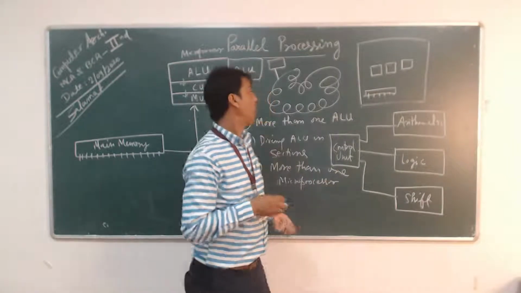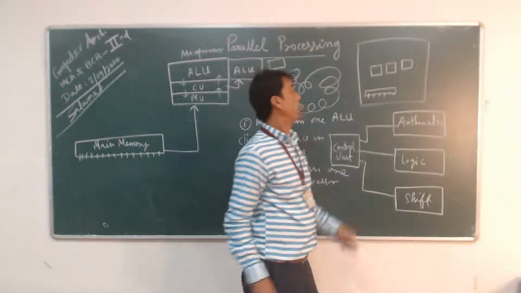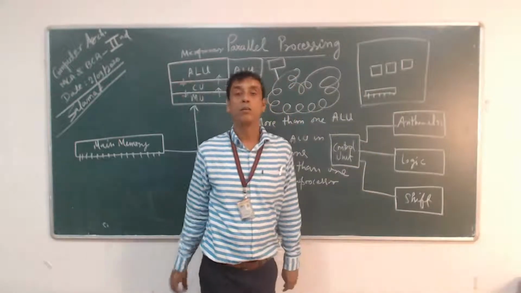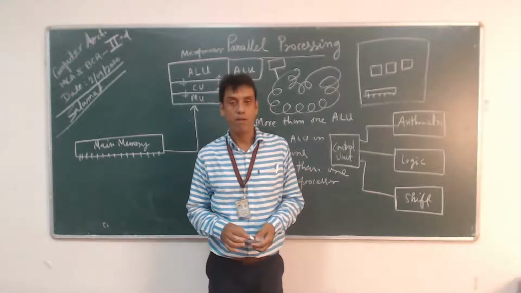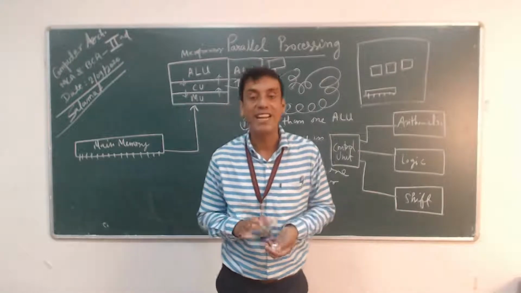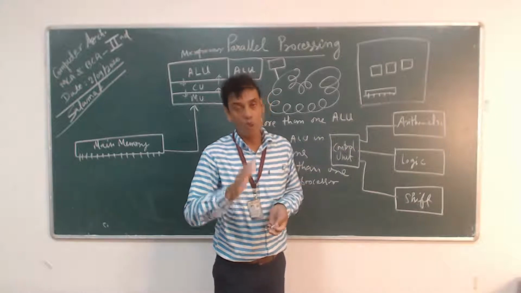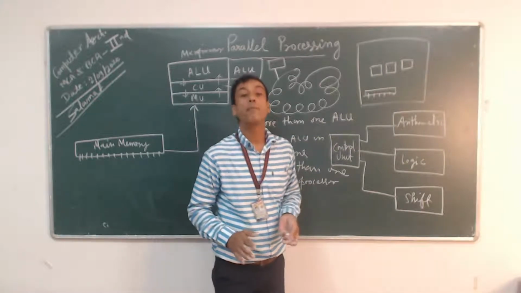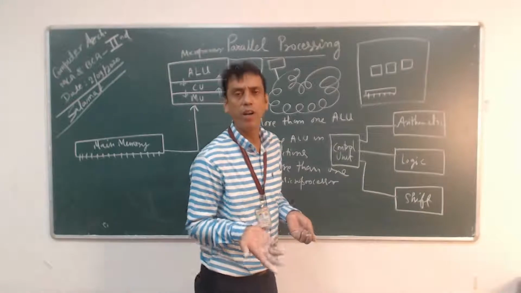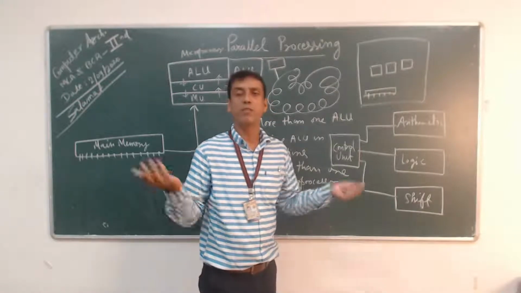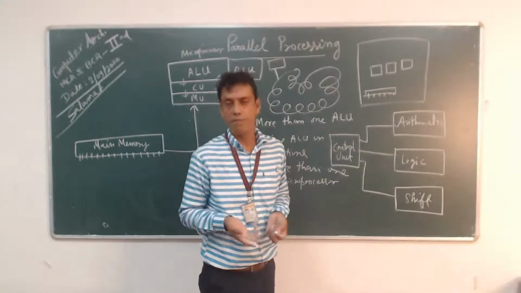Now, if suppose there are 100 microprocessors, accordingly, we have to increase the size of RAM. We know very well that the size of RAM can be increased anytime. In our ordinary laptop, we have the facility to increase 8 GB, 16 GB RAM very easily.